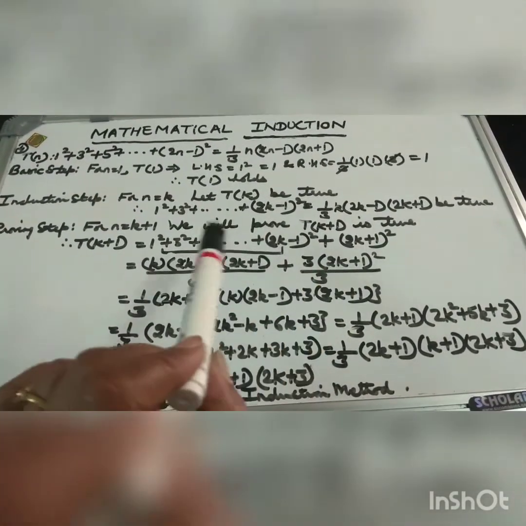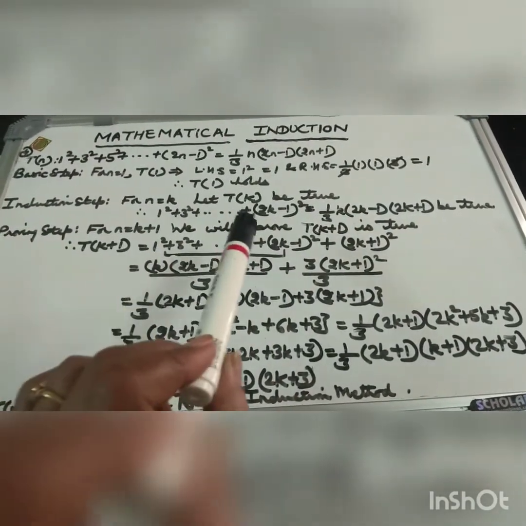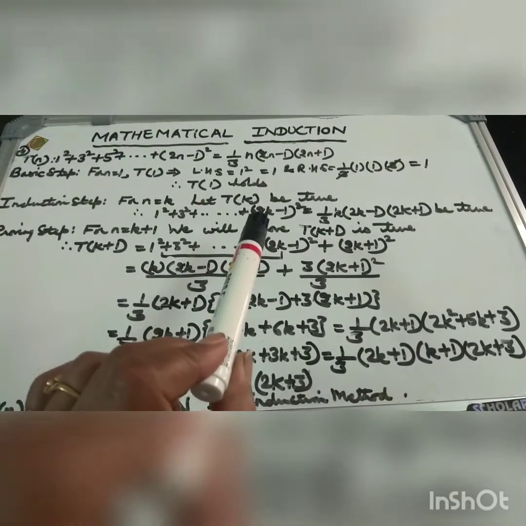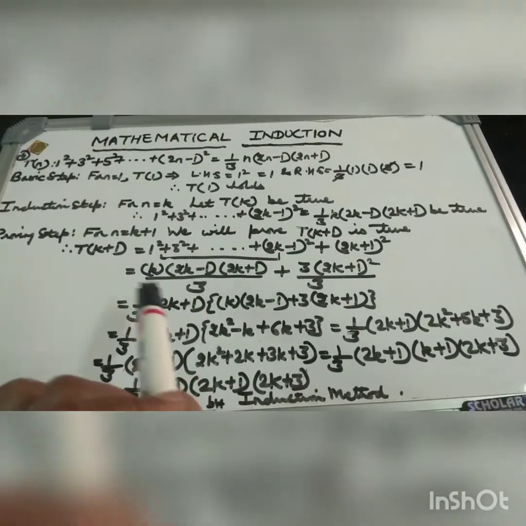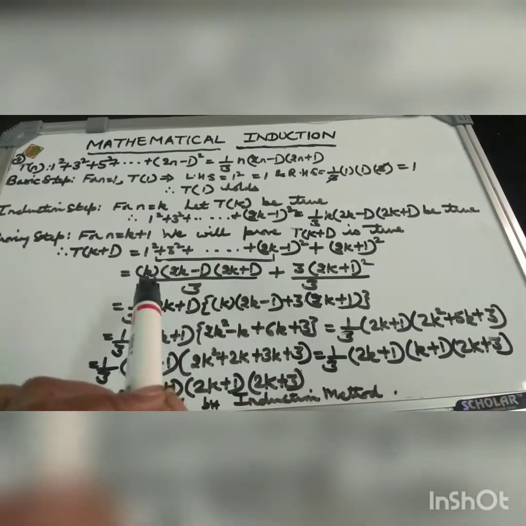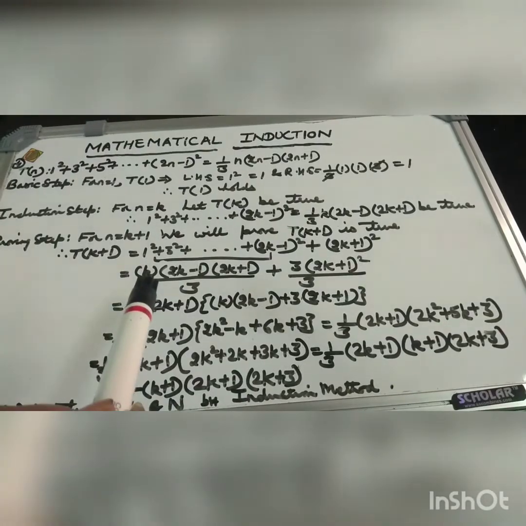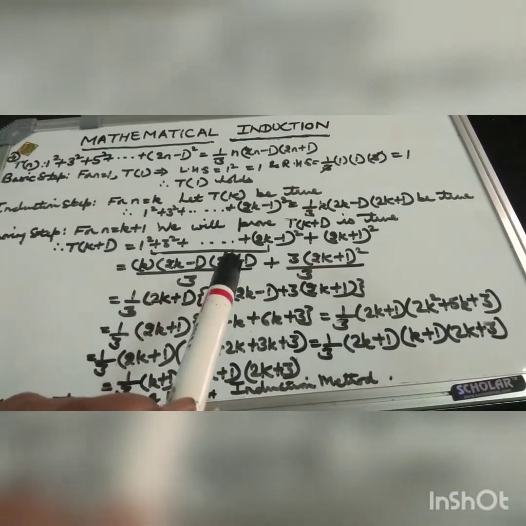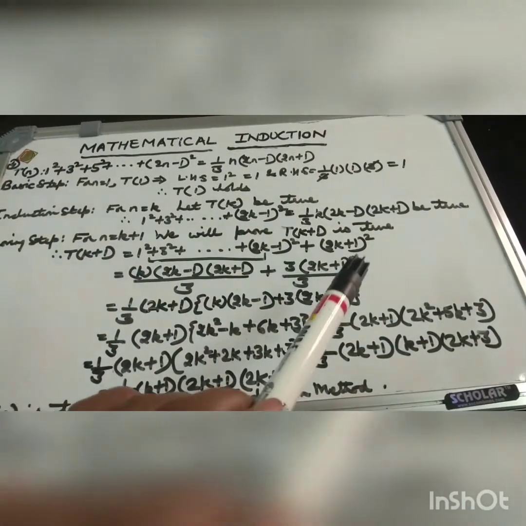Now, once you have put the series in this form, obviously the first k terms, according to the T(k) statement, you are getting this as the right hand side. So I can replace 1 to (2k minus 1) whole square equals k into (2k minus 1) into (2k plus 1) upon 3. Now what happens here?